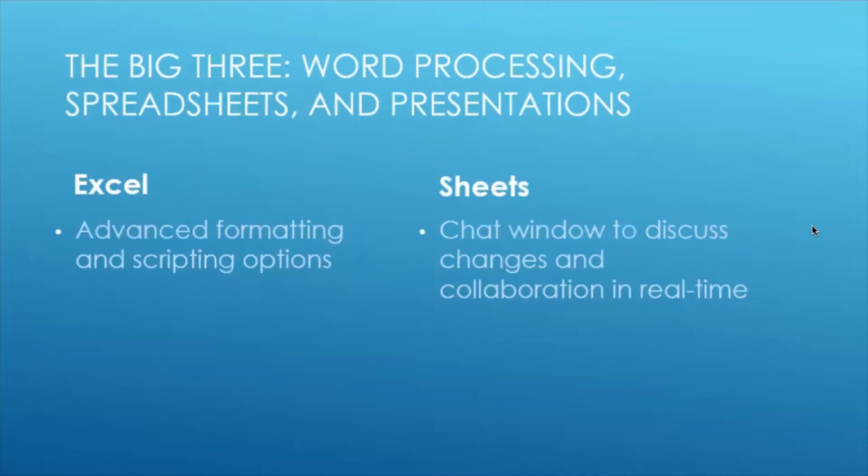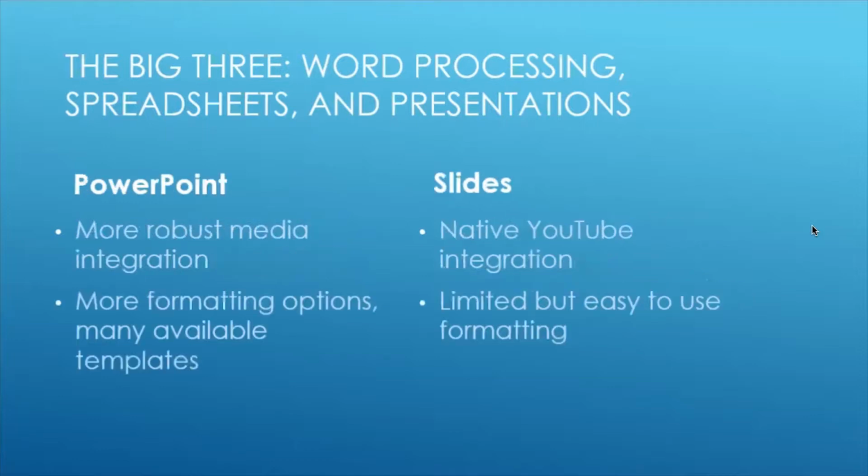So Sheets is definitely for simple data collaboration, whereas Excel is where you're going to get all those other nice integrated features and options. Going on to the third one, it is going to be PowerPoint versus Slides.